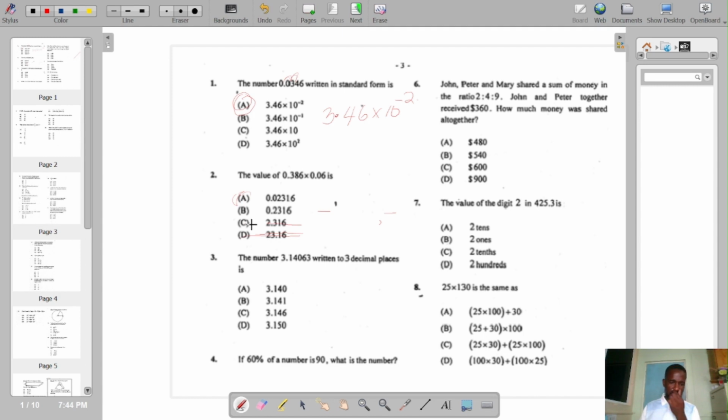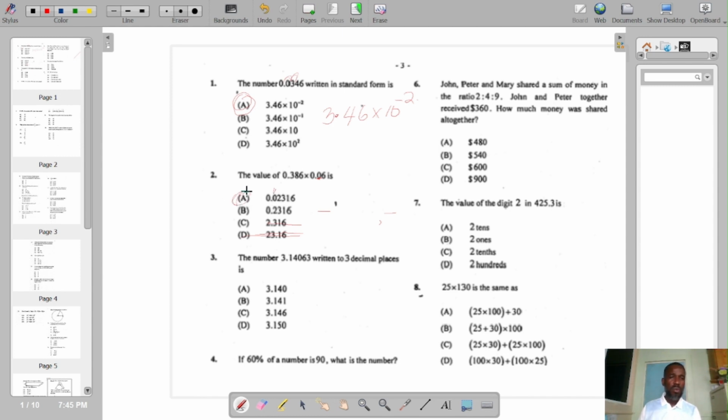Neither can we get 2.316. And because of this 0.06 here, we know that the number must have a 0 in this position. So therefore, the answer is A.